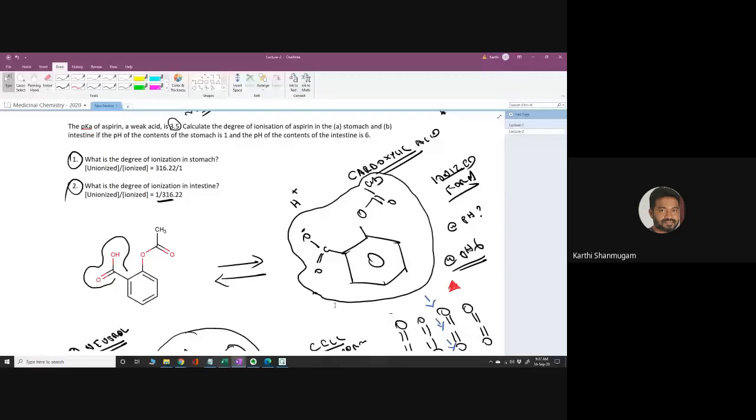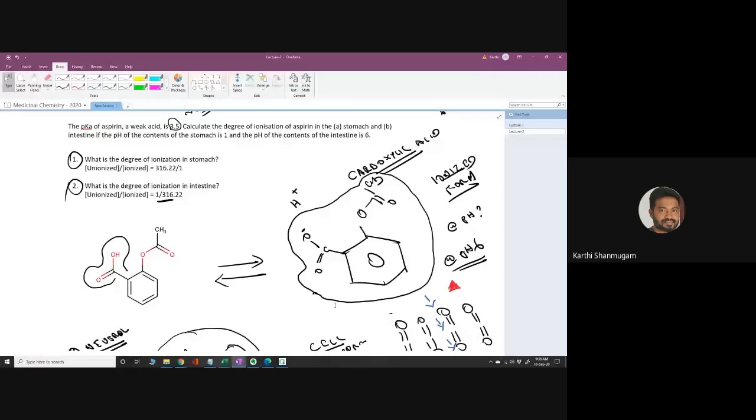My point is, again I repeat, if the molecule is in its ionized form, will it favor the hydrogen bonding or not? Dipole dipole.